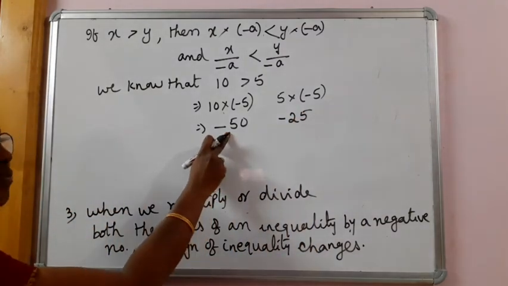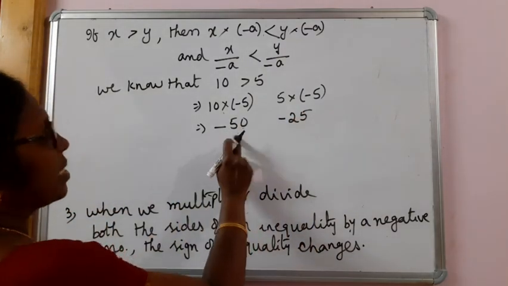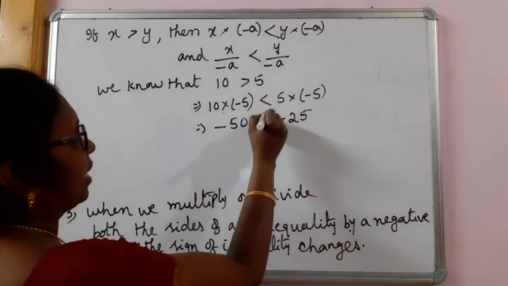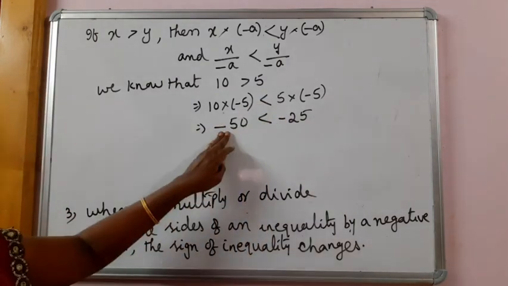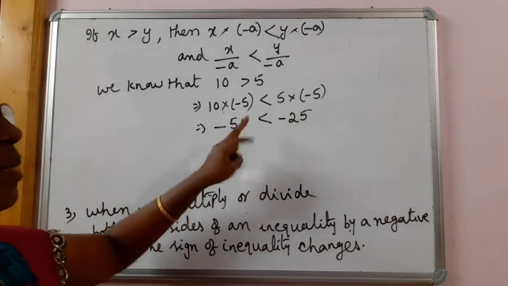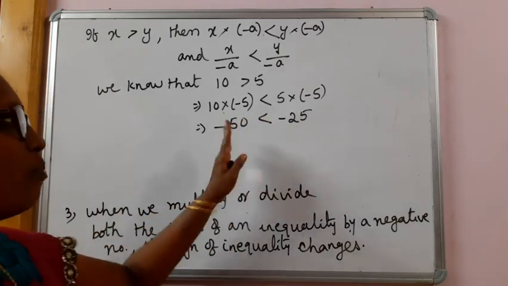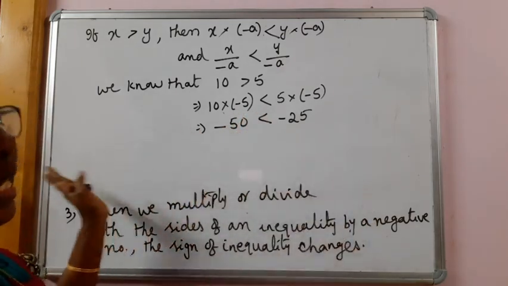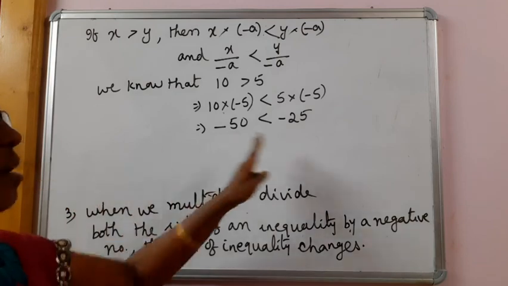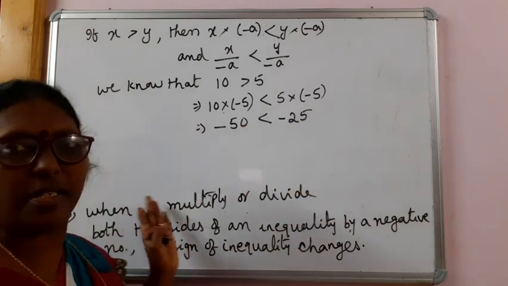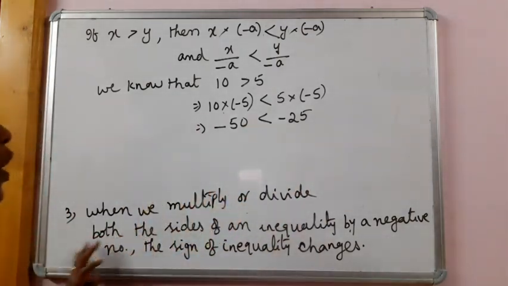You see minus 50 is smaller than minus 25. By having minus sign, bigger number means the value becomes smaller. Minus 50 on the number line is towards the left side. Minus 25 is this side. I hope this is clear to you.